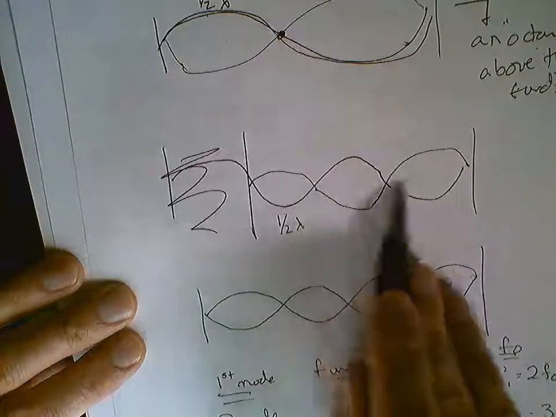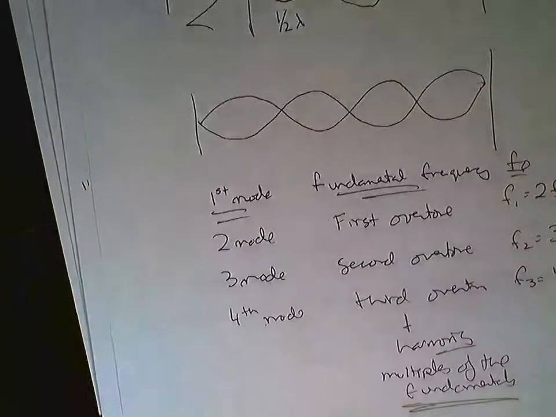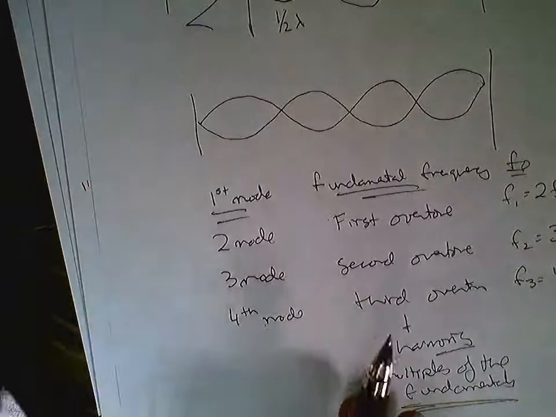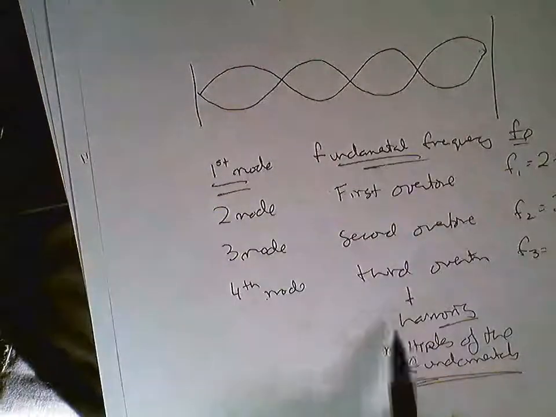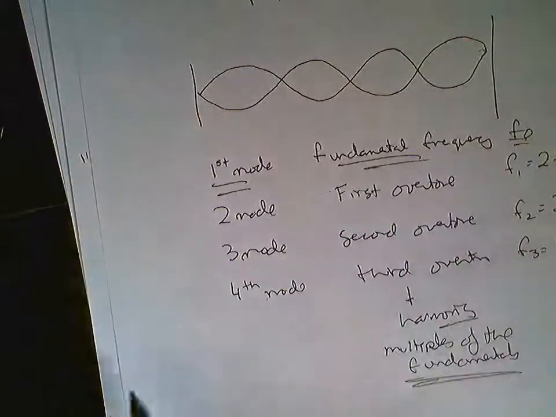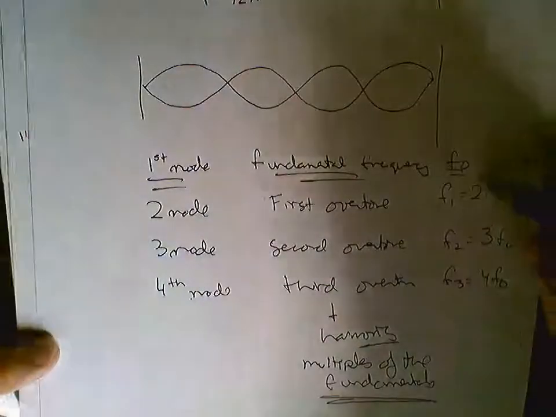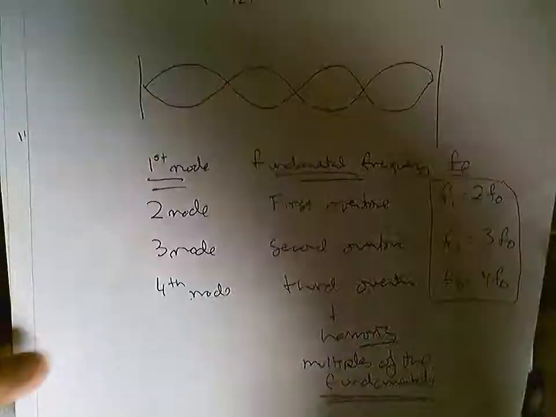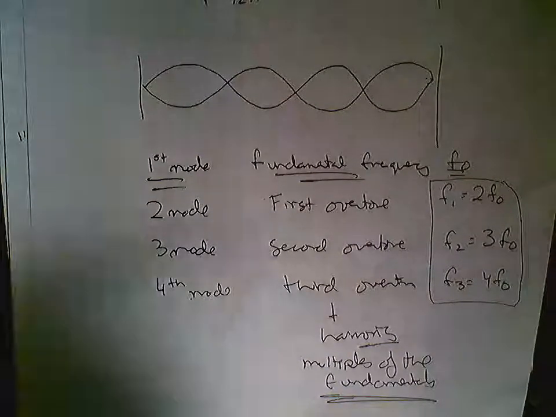Here we have 3 half waves. This is called the third mode, and it's the second overtone. Then we have the fourth mode, and this is the third overtone. There's a mathematical relationship here that you have to try and understand as you're going through the content.